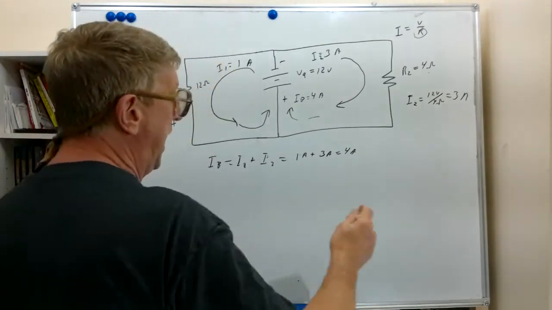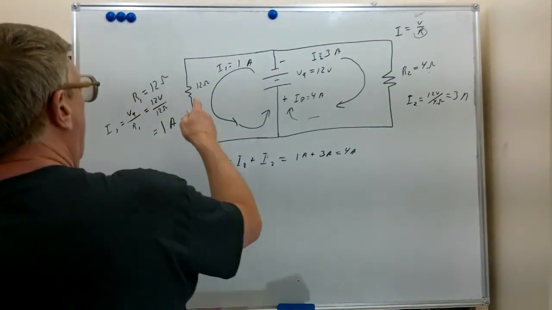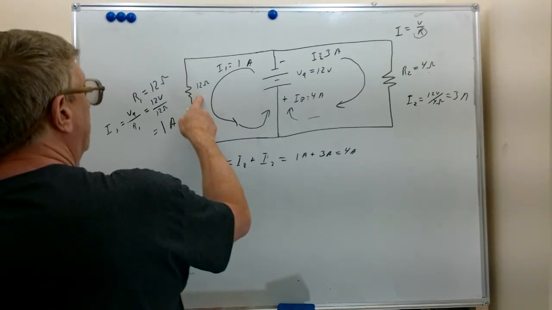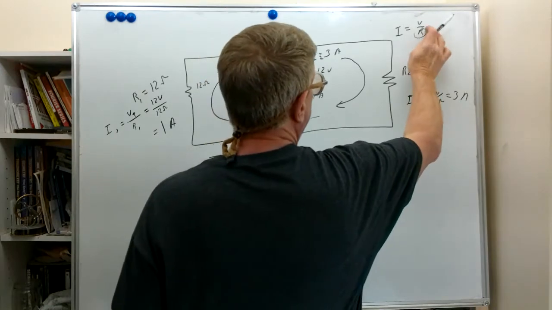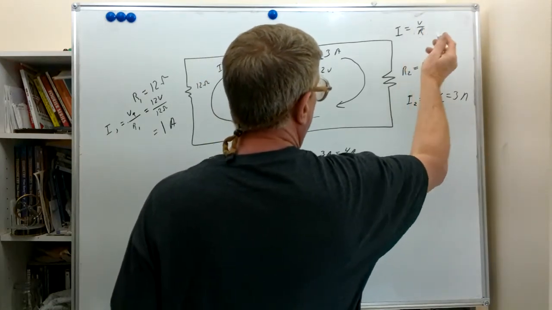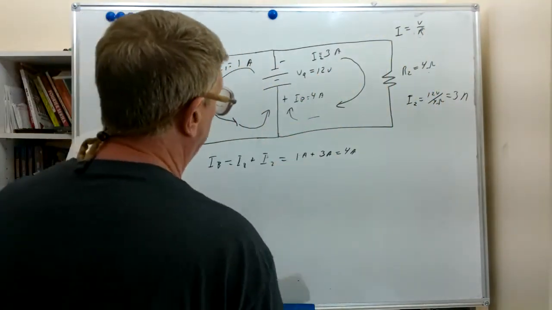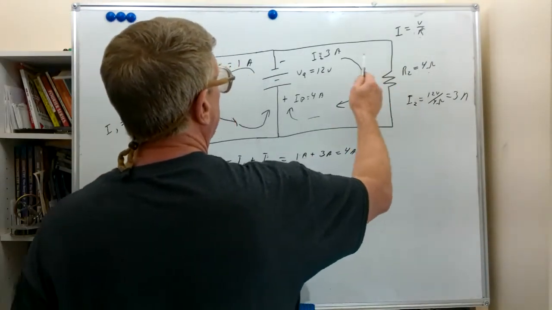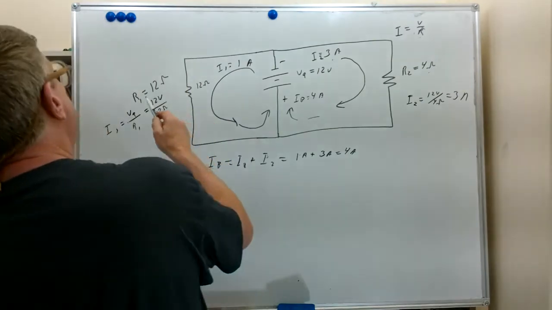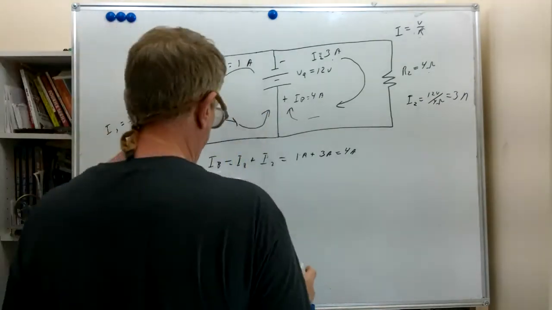If we make the opposite comparison, R1 is greater in resistance than R2, which makes the bottom, the denominator of the fraction, larger, which makes the current smaller. So you can see there's an inverse relationship. Less resistance, more current. Greater resistance, less current.